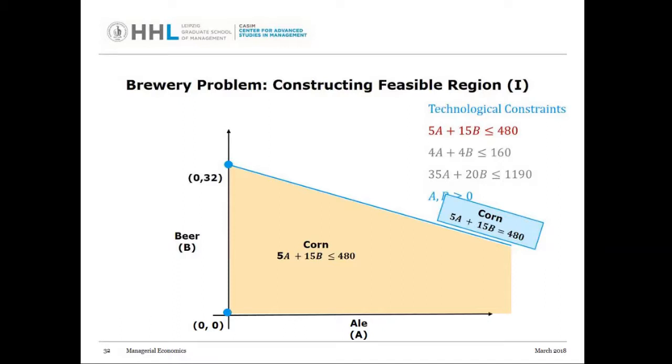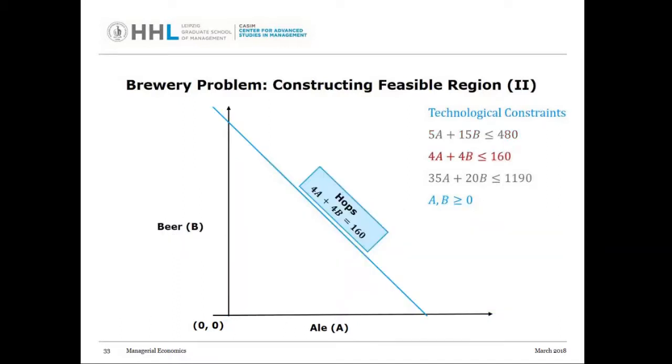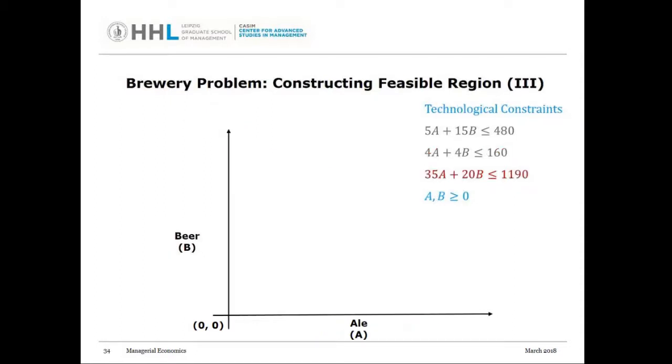Now, if I look at hops, by the same logic, we have the area that represents all we can produce using hops. And if only beer is produced, then we have the 40 barrels, the point on the intersection of the vertical axis and the blue line.